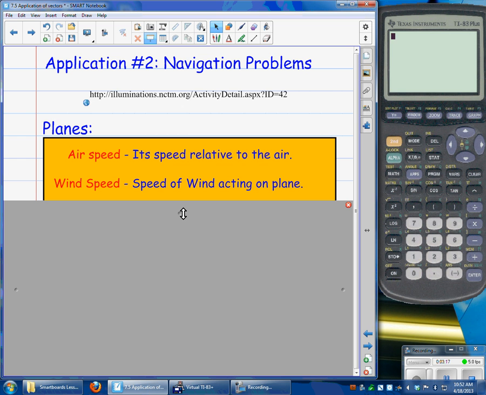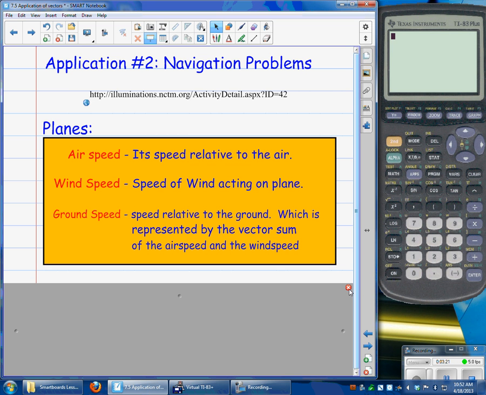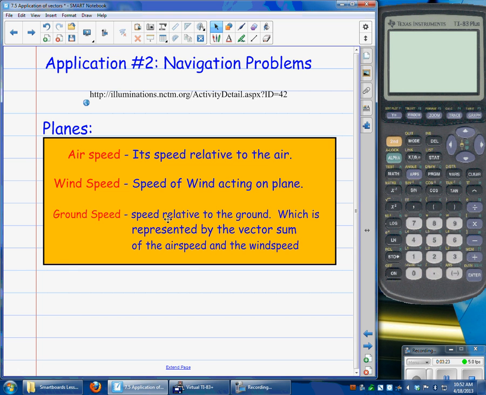But those two produce the other one, something called ground speed. The ground speed is relative to the ground. If you're going from San Francisco to New York, how many miles is that? How long did it take you? That's going to be your ground speed. How much ground did you cover per hour?